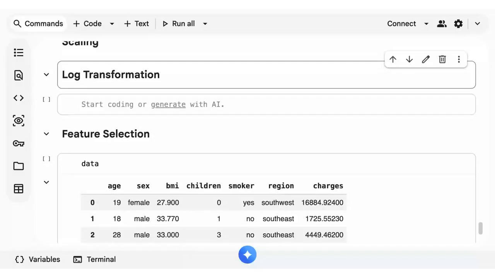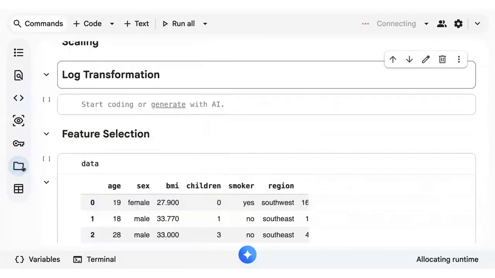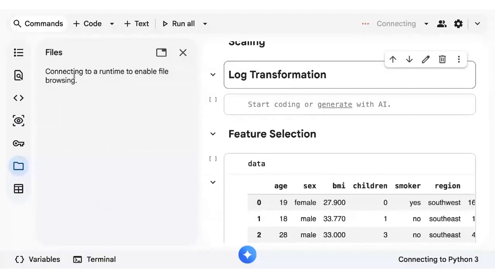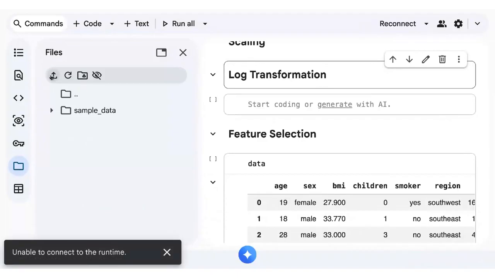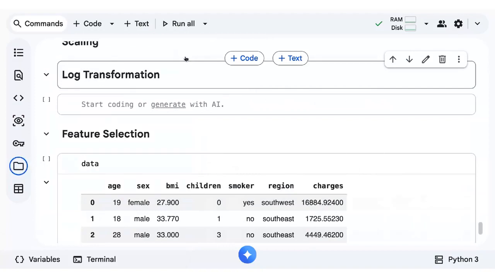Okay, so let's open our same notebook. Let's upload data and just run the entire notebook. Okay, so I have uploaded data.